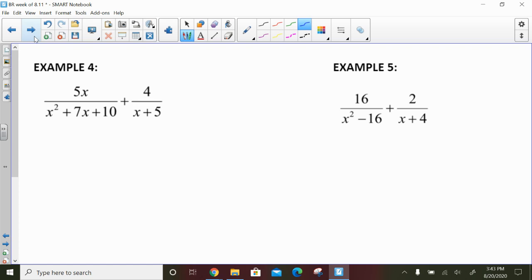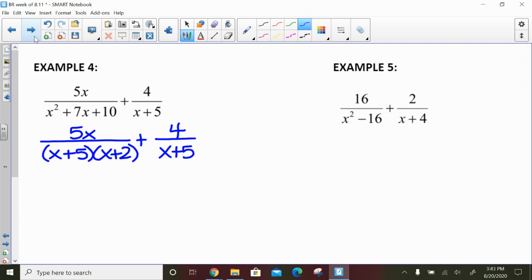All right, so for example 4, first thing I want to do is factor anything that can be factored. So this x squared plus 7x plus 10, we can factor that. So factors of 10 that add to give me 7 will be 5 and 2. And then over here, 4 over x plus 5 just stays.